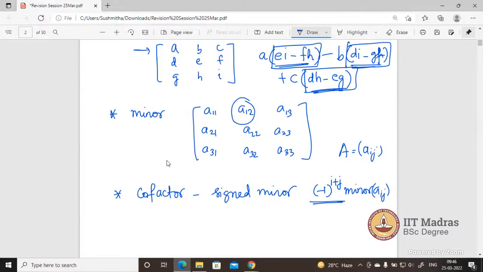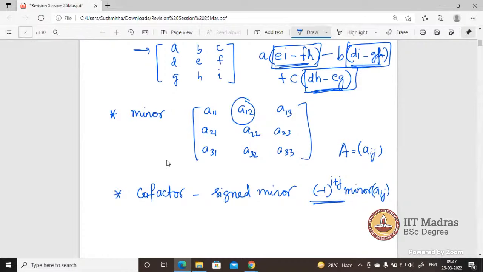So i plus j is 3. So minus 1 power 3 is minus 1. So the sum of the indices, i plus j, is what matters. When the sum of the indices is odd, you will be multiplying the minor with a minus sign. And when the sum of the indices is even, you will be multiplying it with a plus 1.